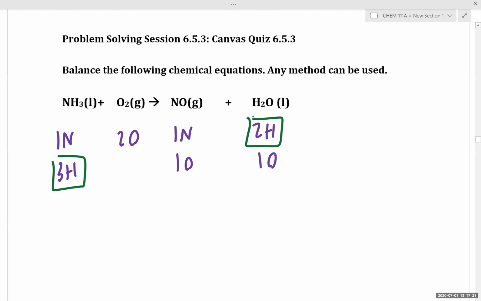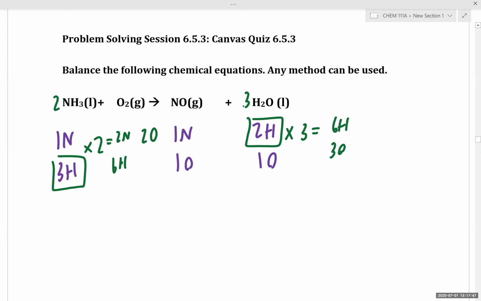So this is a great opportunity to use the least common multiple method. We're going to multiply our coefficient for ammonia by 2 to give us 2 nitrogen and 6 hydrogen. We're going to multiply our coefficient for water by 3 to give us 6 hydrogen and 3 oxygen.